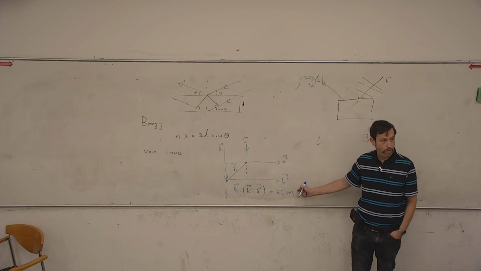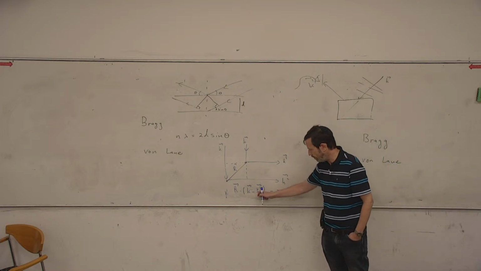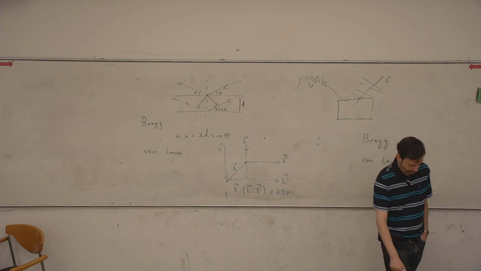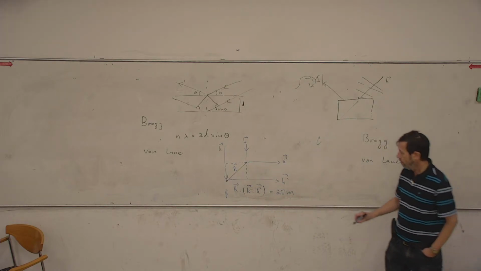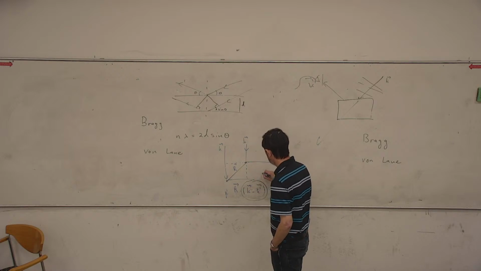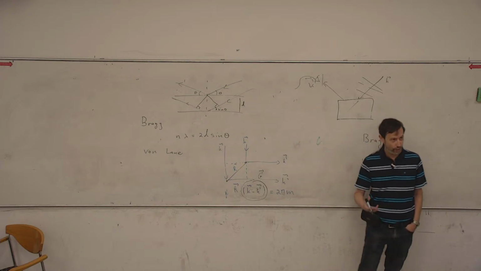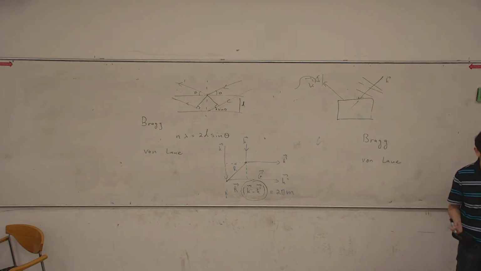And what is this? It's the condition for a reciprocal wave vector. So I replace this, and just not to get confused, I'm writing G here instead of k.